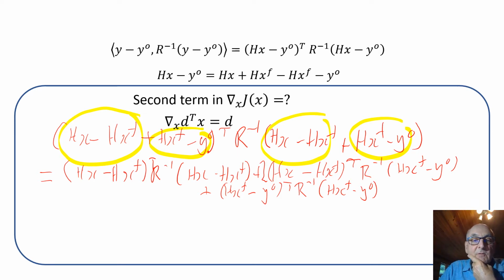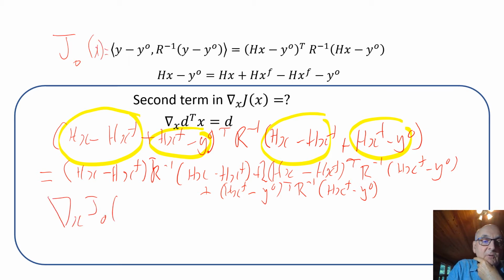But notice now that when we take the gradient of this, let me call this J sub O of x, right? When I take the gradient of this J sub O of x, because that's for the observation piece, the last term is going to drop out altogether.